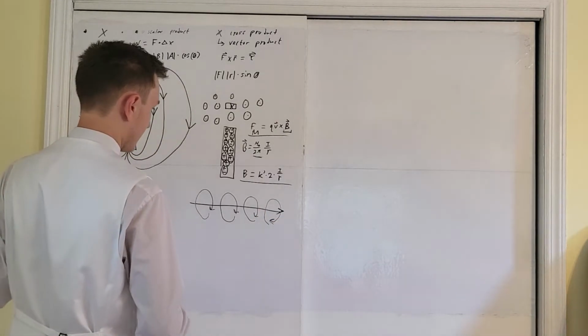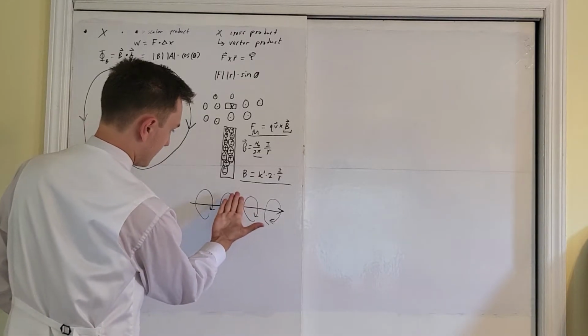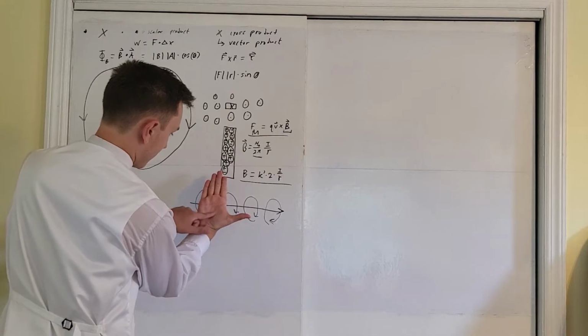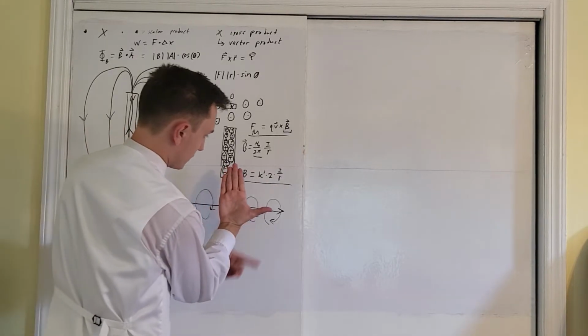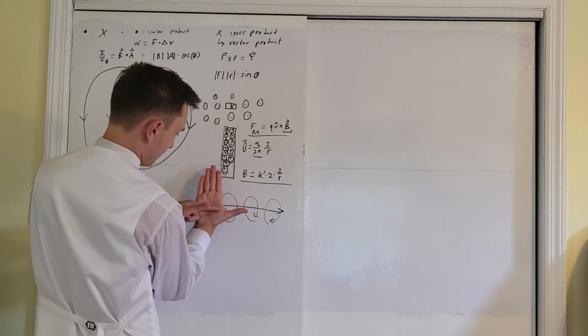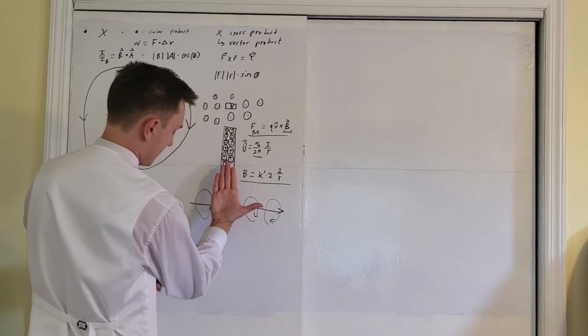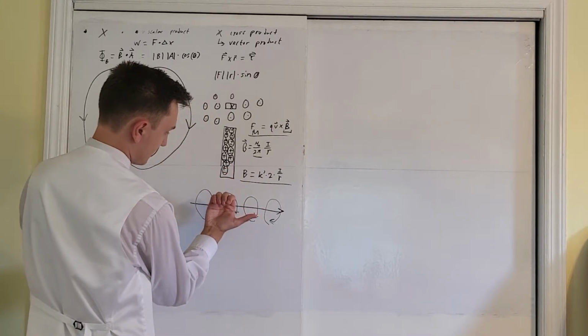And here is the right-hand rule. If I take my right hand, I open it up, I should align my thumb in the direction of current, okay? That's step one. I align my thumb to point in the direction that current is flowing, and then I curl my hand as such, okay?